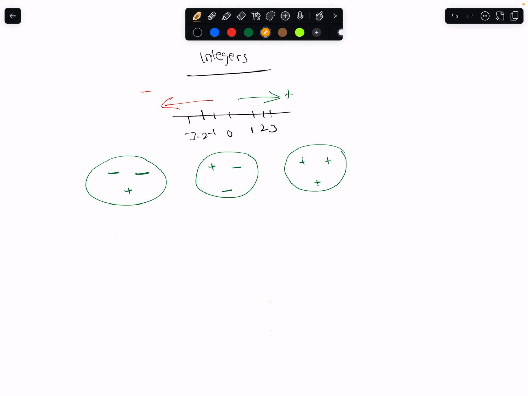First, we'll start with the multiplication side. Take some time, come up with the answers for each one, and we'll go over each one of them shortly.